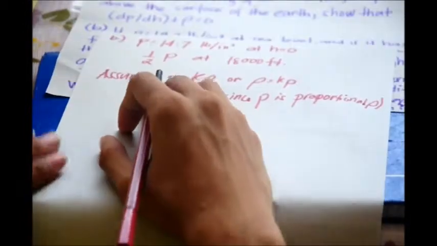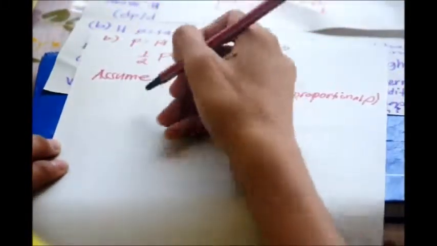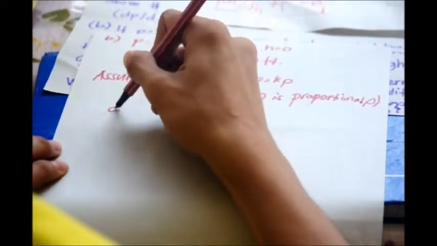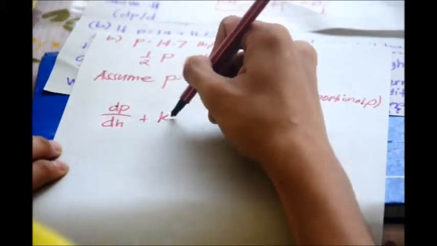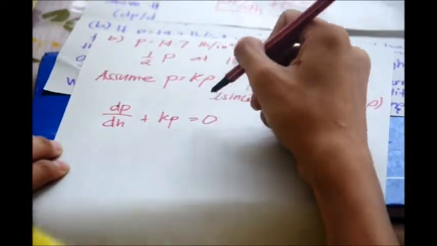By substituting the value of rho into this equation, you can get dP over dH plus KP equals 0.